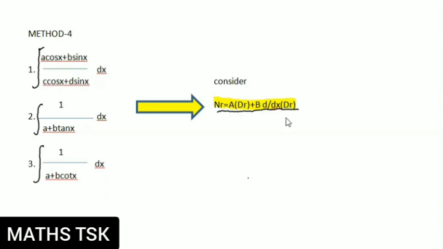Comparing the coefficients of cos x and sin x, we'll get a relation between a and b. Solving those, we'll get the values of a and b, substituting it and simplifying, you'll get the solution of the given integration. This is the method. So we go for the problem.